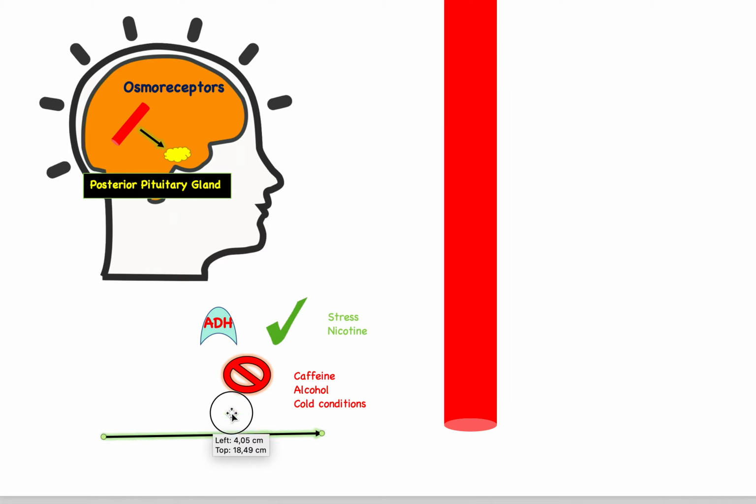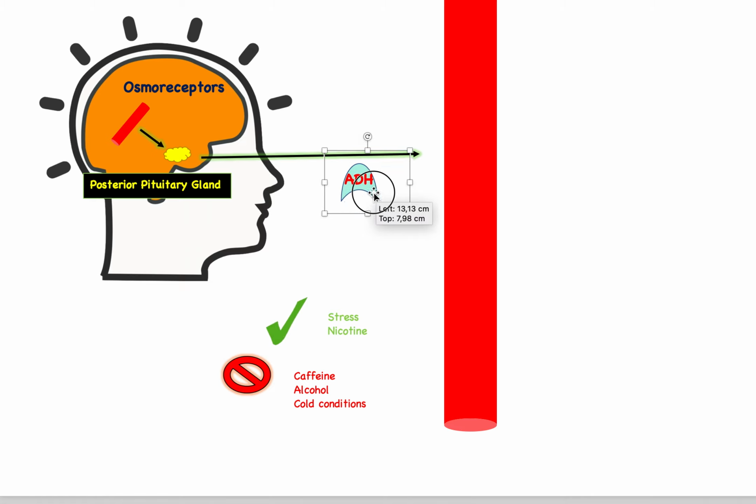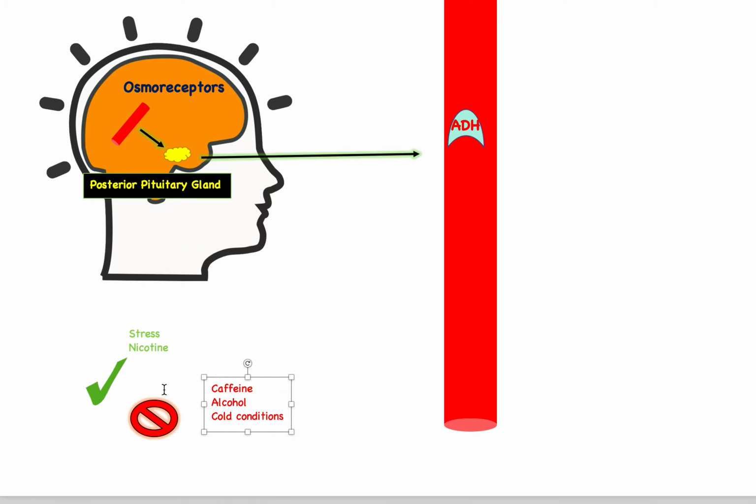It responds by producing a molecule called ADH and putting it into our bloodstream. Now leave these two things here for now because we're going to come back to this. So when it creates this molecule, it travels just like any other molecule in the bloodstream.